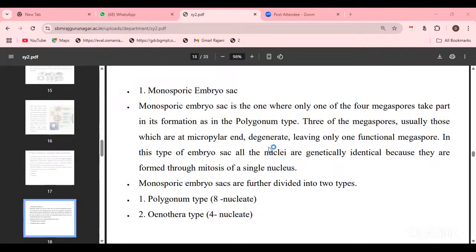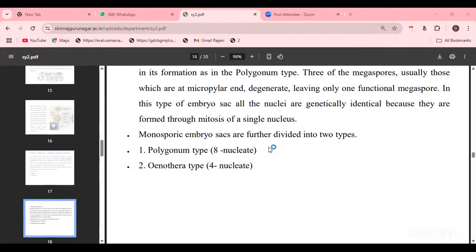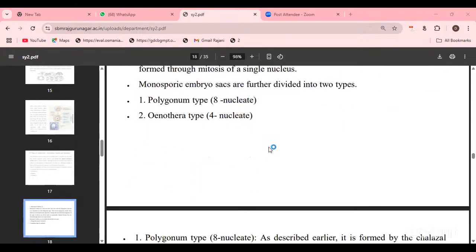The monosporic embryo sac is further divided into two types. One is the polygonum type, another one is the Oenothera type. Polygonum is called the 8-nucleate type. Oenothera type is called the 4-nucleate type.